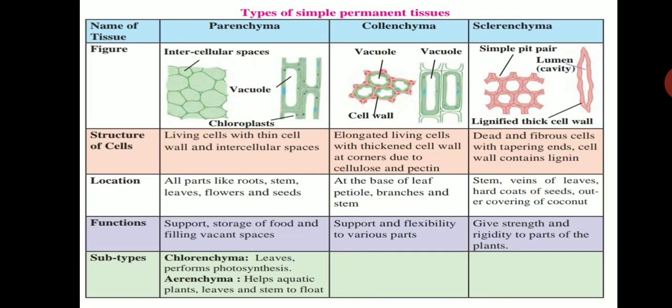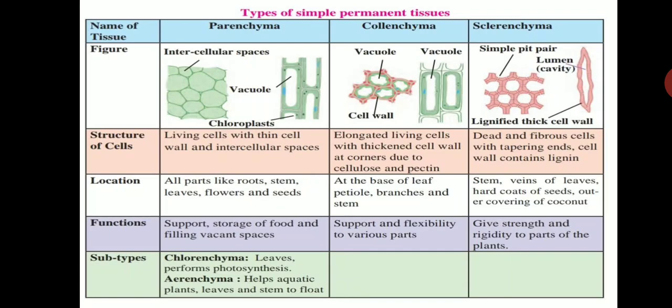And the function of parenchyma is it gives support, it stores food and it fills vacant spaces also. Then there are two subtypes of parenchyma, which are chlorenchyma and aerenchyma. So chlorenchyma means presence of chlorophyll, it is present in the part of leaf and it helps in the process of photosynthesis.